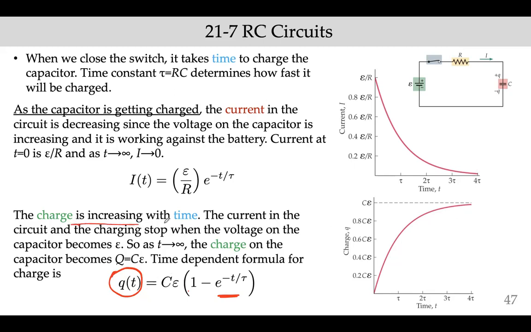The charge is increasing with time. The current in the circuit and the charging stop when the voltage on the capacitor becomes epsilon. So as time goes to infinity, the charge on the capacitor becomes Q equals CV, where instead of V here, we have epsilon. And this is the time-dependent formula for the charge.